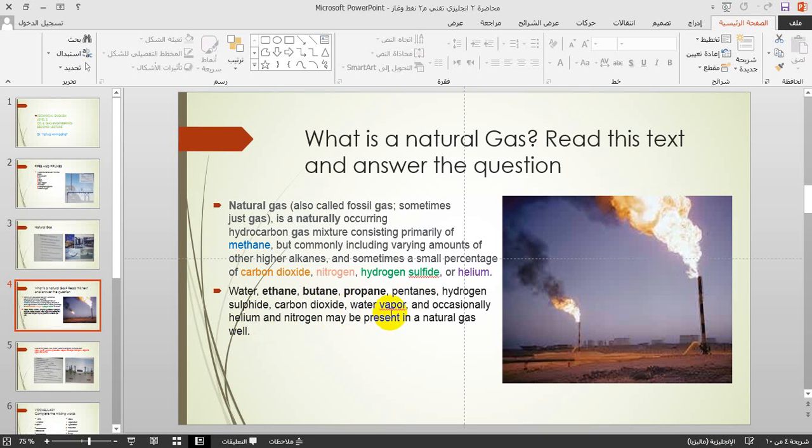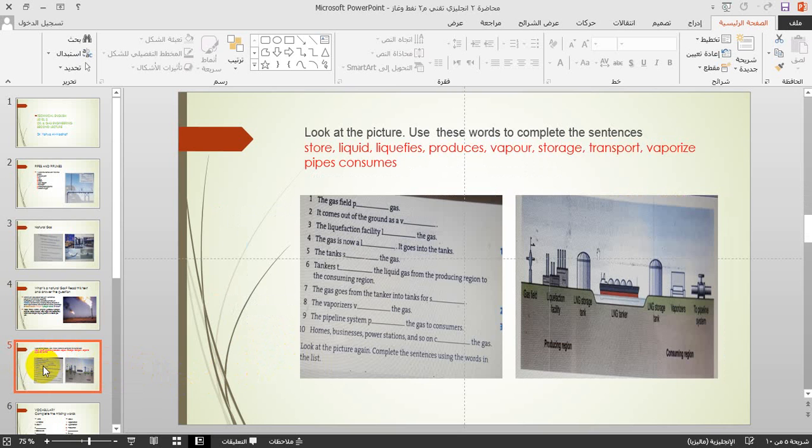These are the components of gas. You study them in detail in your specialized courses.